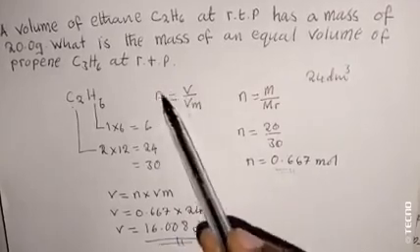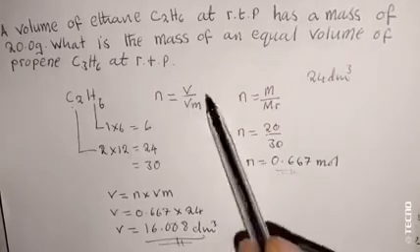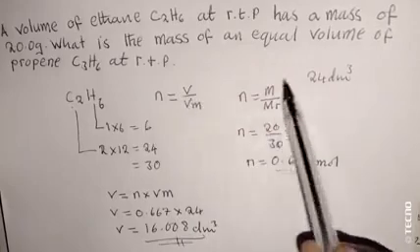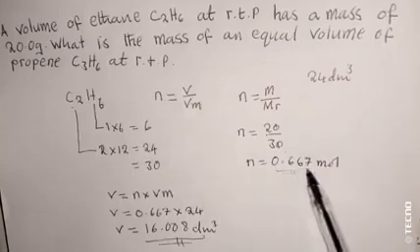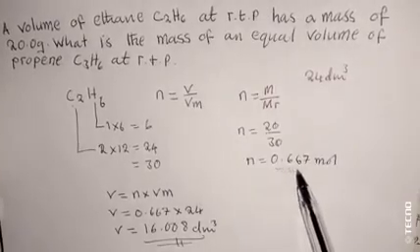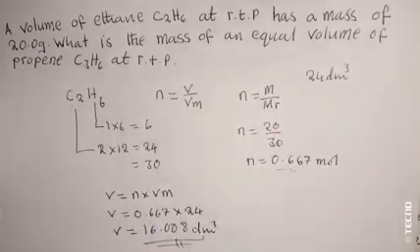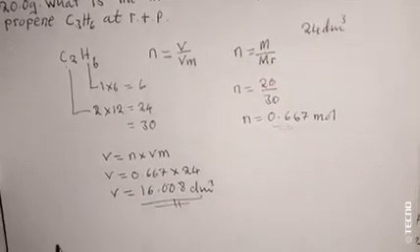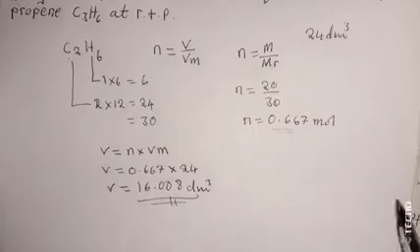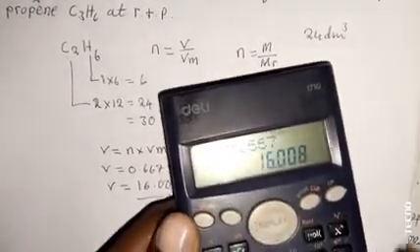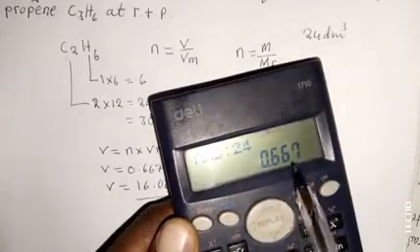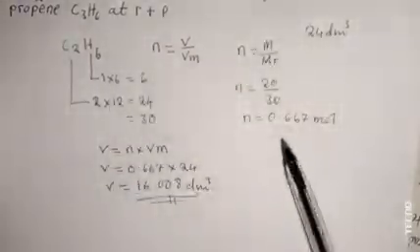When we divide this volume by the molar volume, which is 24 decimeter cube, we get the same mole. So it's the same mole that we are going to use to find the mass of propene.